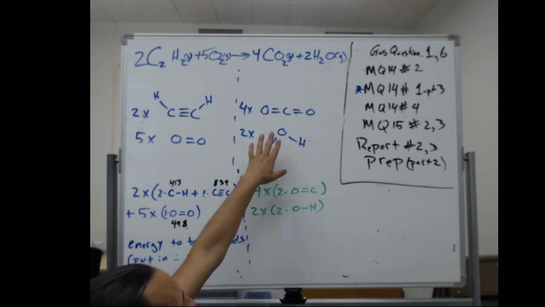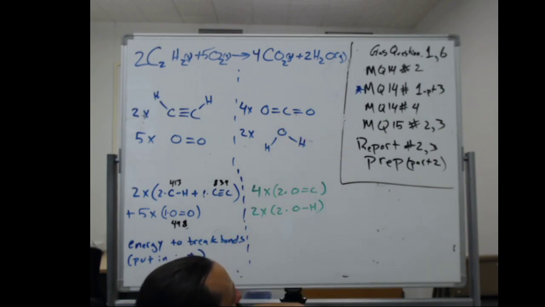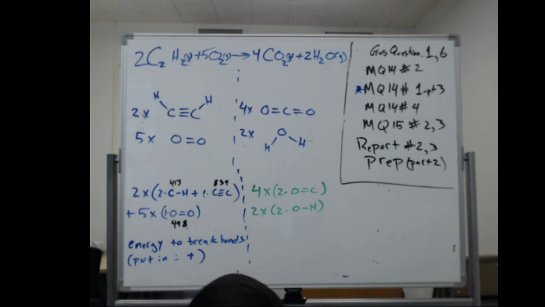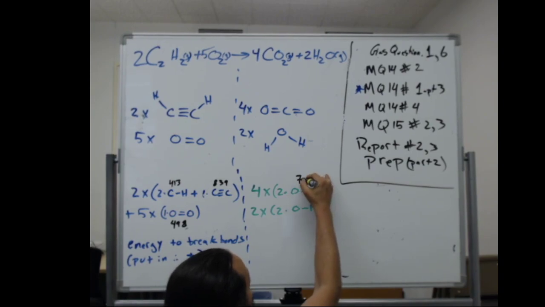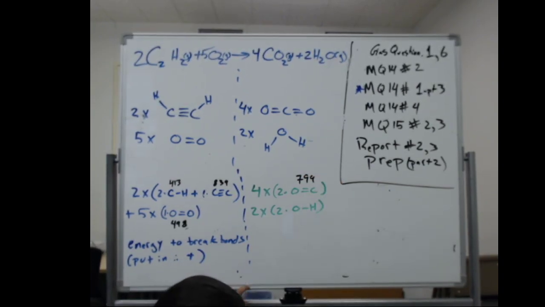And that's because CO2 actually has some pretty interesting oxidation states and some pretty interesting energy balancing. And so we get a slightly different value for CO2 than we get for CO, 799. So that 799 is significantly different, at least in terms of rounding errors, from 745.